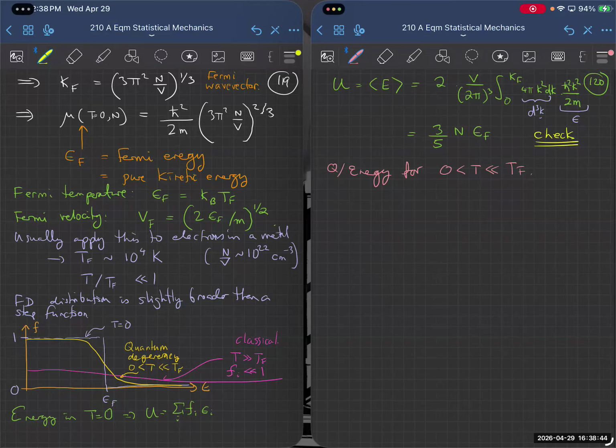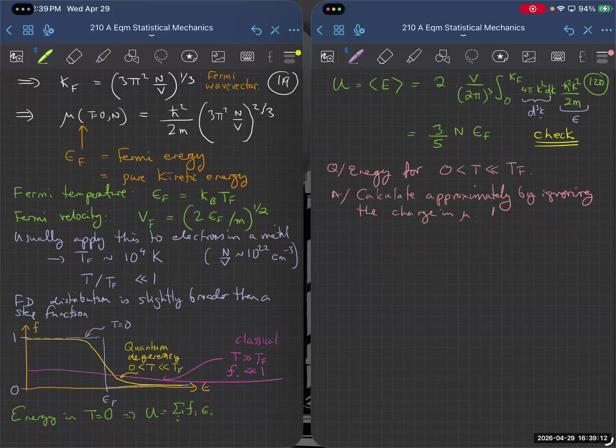So what we're going to do is calculate this approximately by ignoring the change in mu.